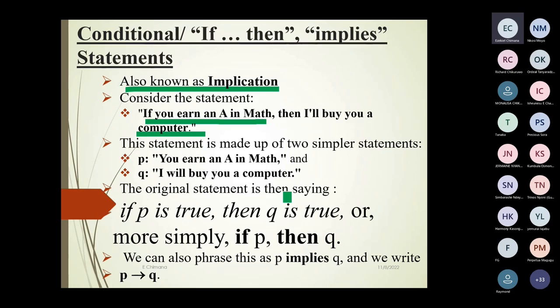So the original statement is saying if P is true, then Q is true, or more simply, if P, then Q. So we are saying if you earn an A in maths, then I will buy you a computer. So we can also phrase this as P implies Q, and we write P implies Q.